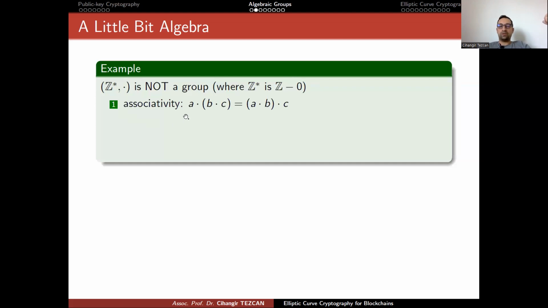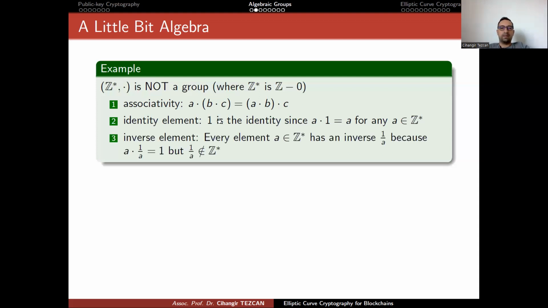So there is associativity, yes, because A times B times C is the same as A times B times C. You can get rid of the parentheses, in other words. There is an identity element. One is the identity element because take any element in Z star, multiply it with 1, you will end up with the same element. So the identity is here.